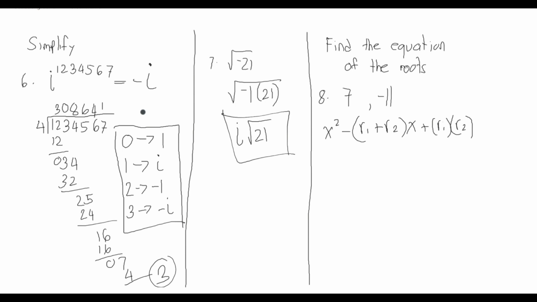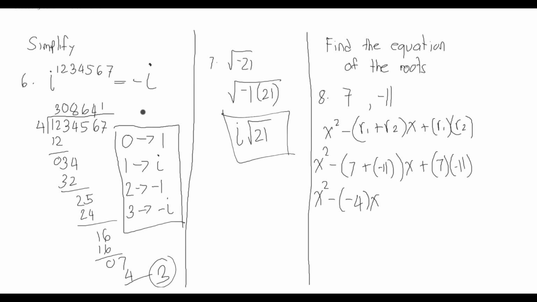It doesn't matter if r sub 1 is 7 or negative 11, either way. So, x squared minus, that's 7 plus negative 11, x plus 7 times negative 11. Now, you have x squared minus, 7 plus negative 11 is negative 4.